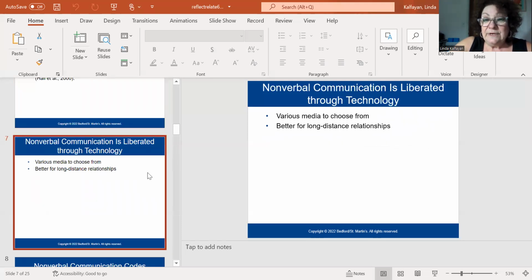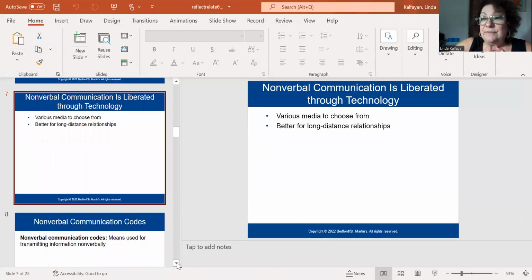So we know that various media use more nonverbal communications, the expressions that you have, YouTube or whatever. Many of you are more attracted, perhaps, to the media expressions nonverbally.